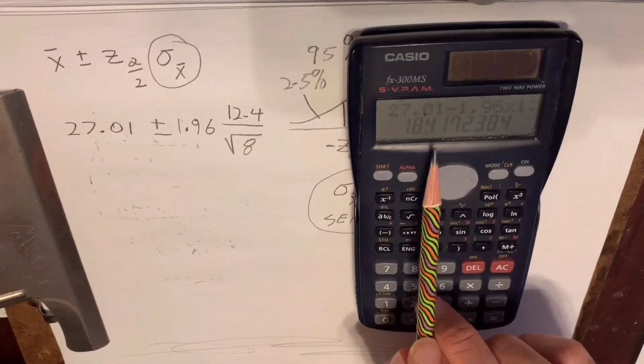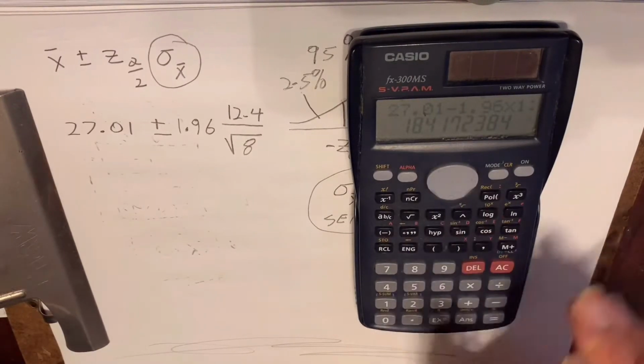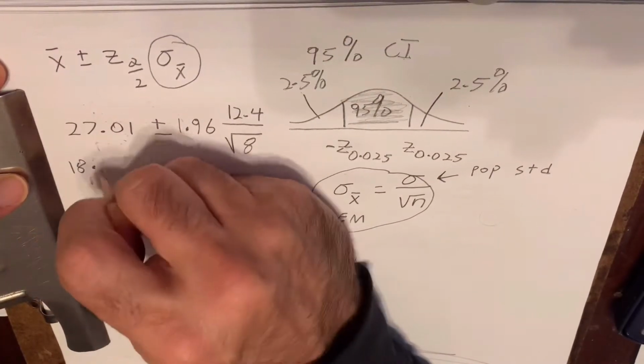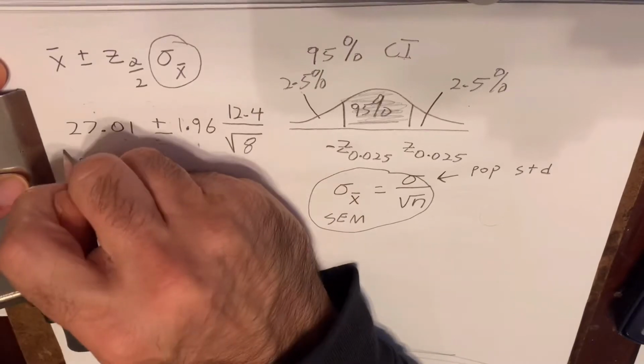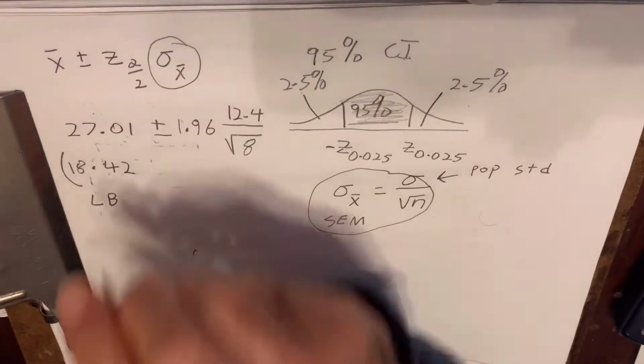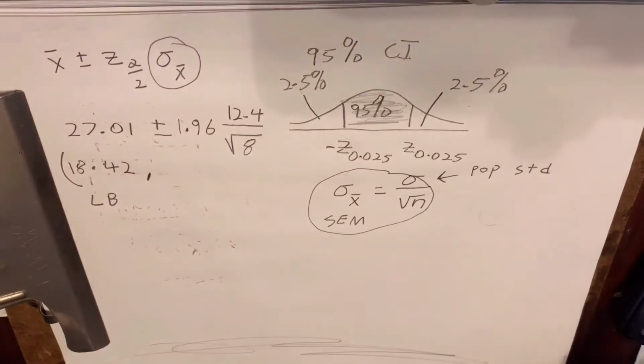Now I'm going to round this 1 off to a 2: 18.42. And that's called the lower bound of the confidence interval. Sometimes it's just called the LB for lower bound.